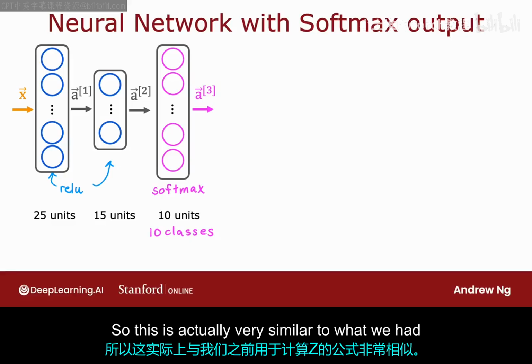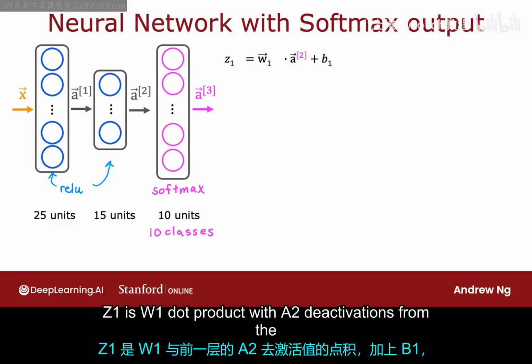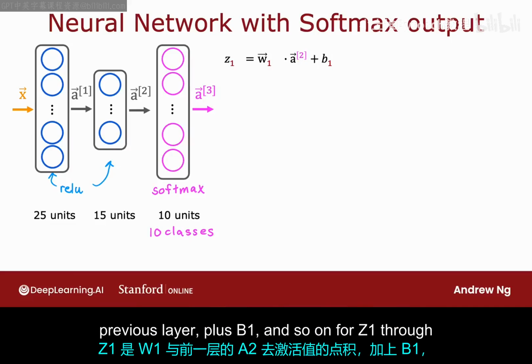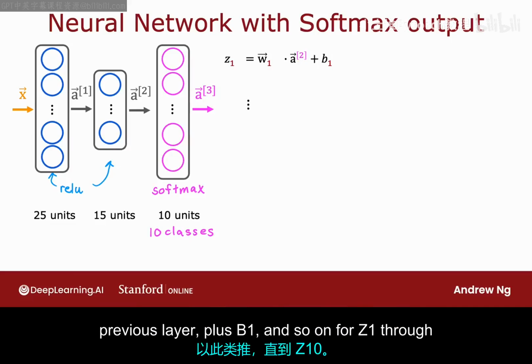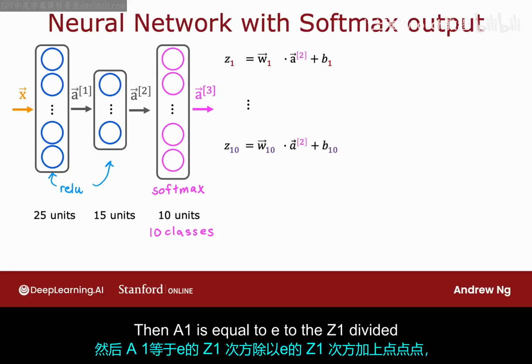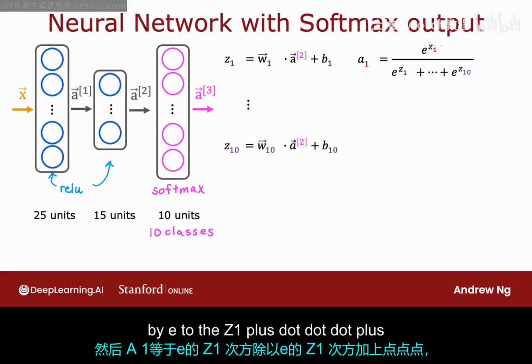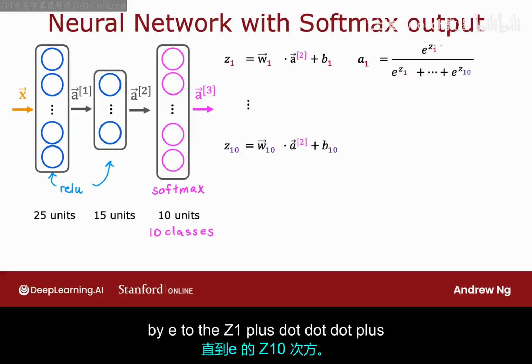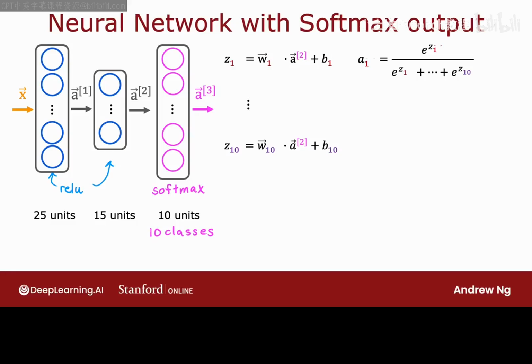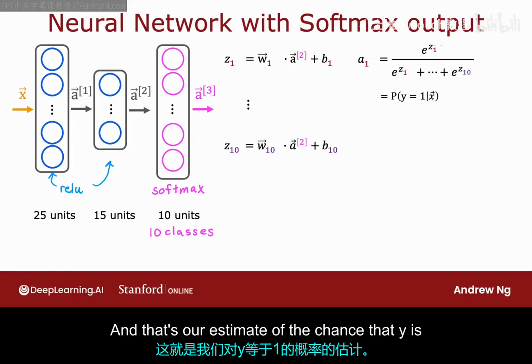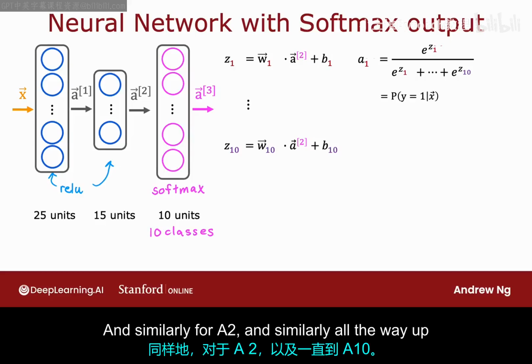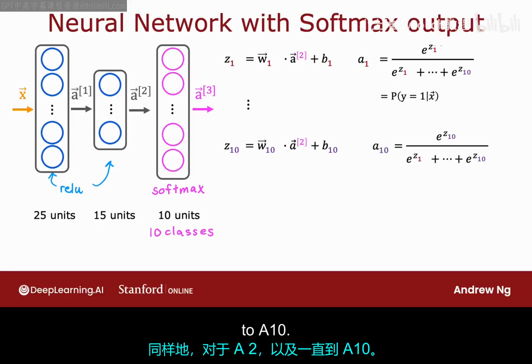So this is actually very similar to what we had previously for the formula you were used to compute Z. Z1 is W1 dot product with A2, the activations from the previous layer, plus B1, and so on for Z1 through Z10. Then A1 is equal to e to the Z1 divided by e to the Z1 plus dot dot dot plus up to e to the Z10, and that's our estimate of the chance that y is equal to 1. And similarly for A2, and similarly all the way up to A10.